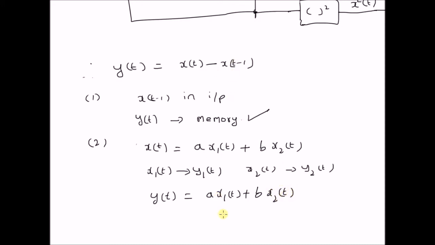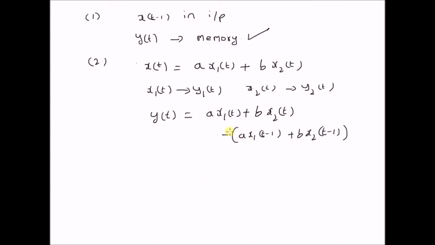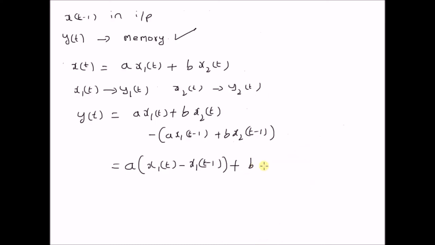And for minus x of t minus 1, we have minus of a times x1 of t minus 1 plus b times x2 of t minus 1. But if you take a common in these two terms, we have a times x1 of t minus x1 of t minus 1 plus b times x2 of t minus x2 of t minus 1.